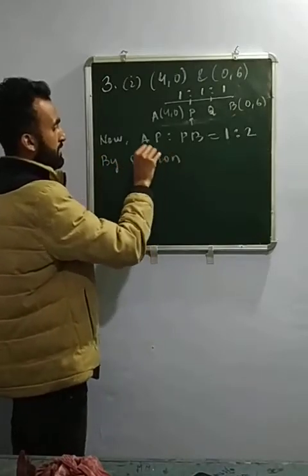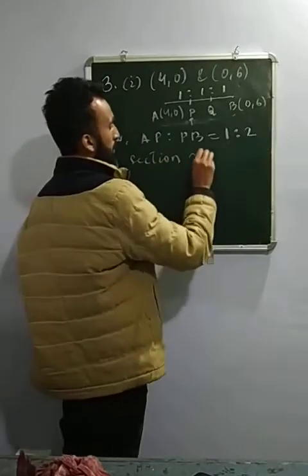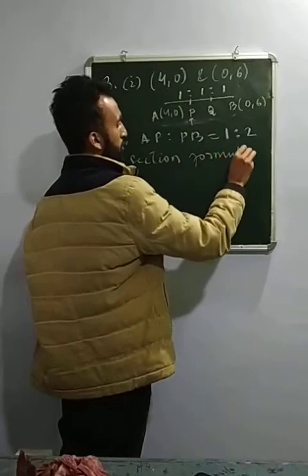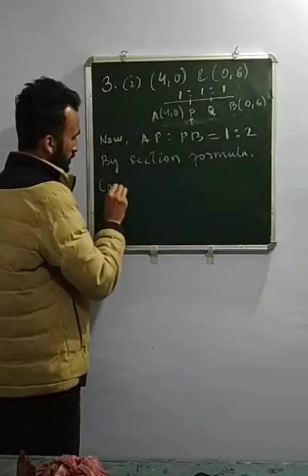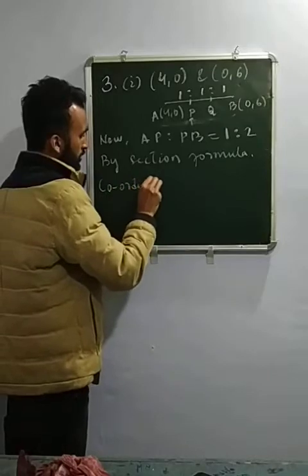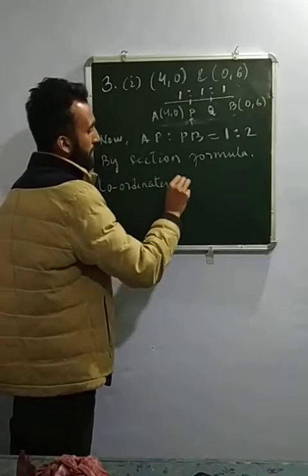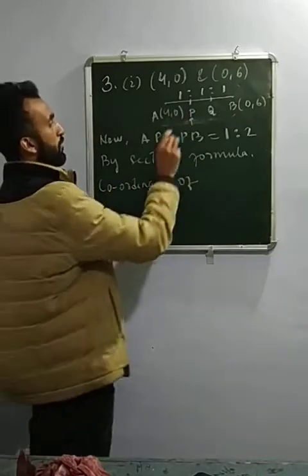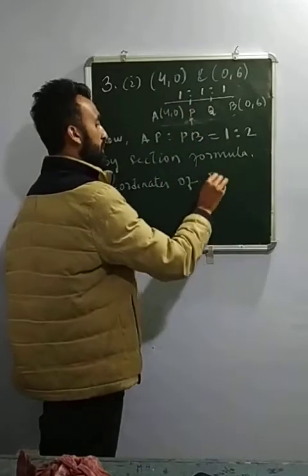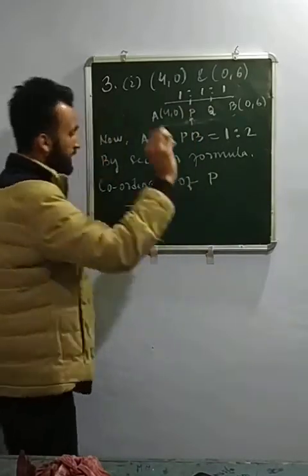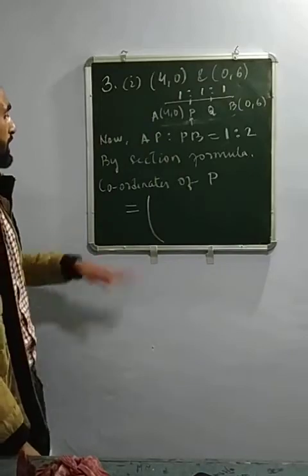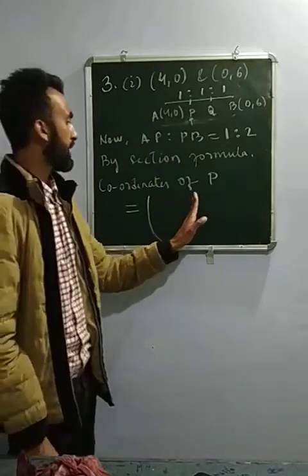Remember, whenever something is in ratio, section formula. By section formula, coordinates of which point? Coordinates of P is equal to, I am not going to write the formula, you should know by now. M x2 plus n x1.